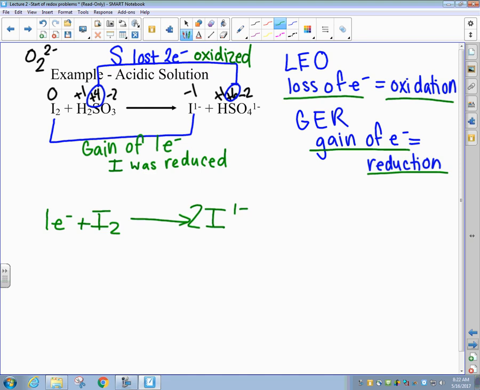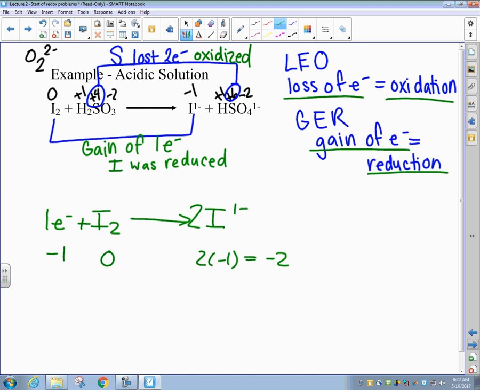The next thing I need to look at, though, is charge. On the right-hand side, I have a total of 2 times -1, which means I have a -2 charge on the product side. On the reactant side, I have a neutral molecule and a -1 charge for the electron. So these charges do not match.